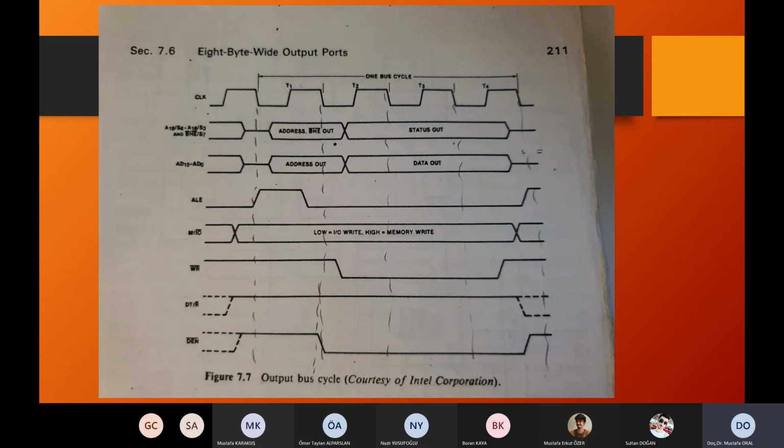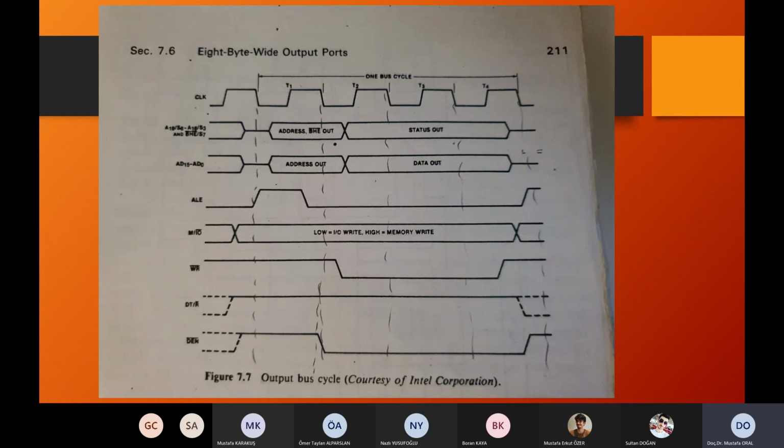So the data enable signal is not exactly the same as the write or read signal, but it is a combination of them. It signals the outer device that the microprocessor is ready to read or write.